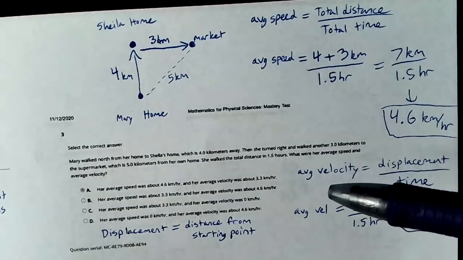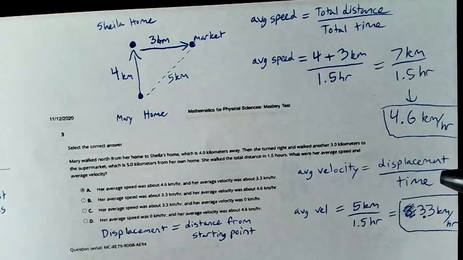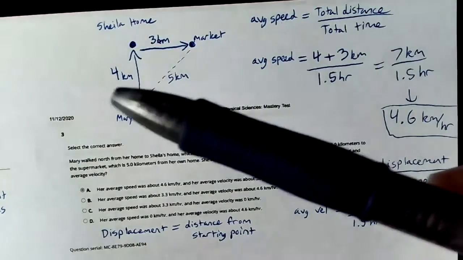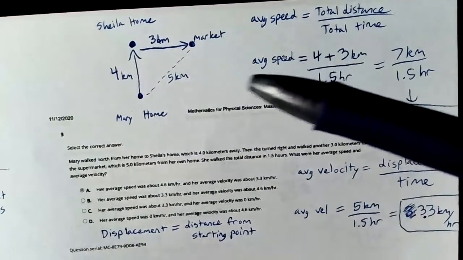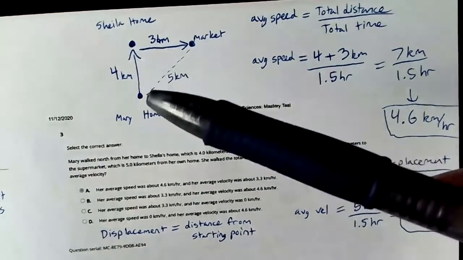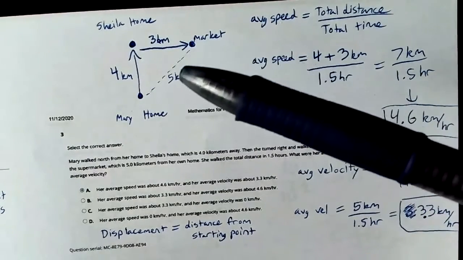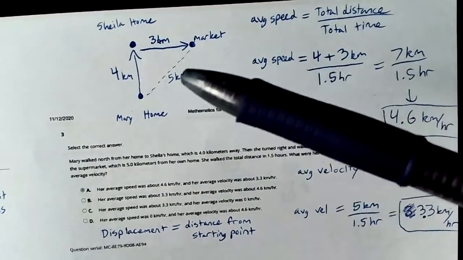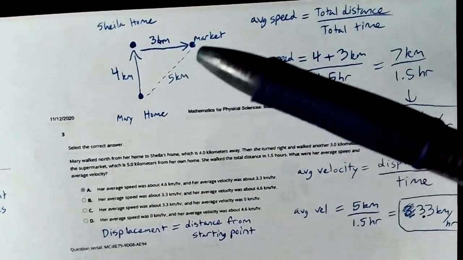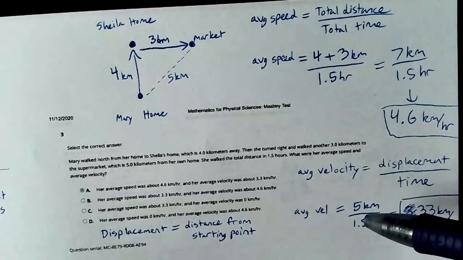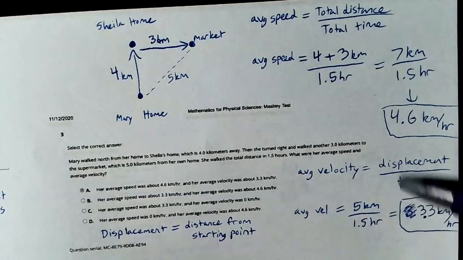However, average velocity is displacement divided by total time. We have total distance, the distance she walked, but her displacement is the shortest path between her starting point and end point, which is this, 5 kilometers from her home, and she's at the market. So we have 5 kilometers divided by time, that's the same, 1.5 hours.